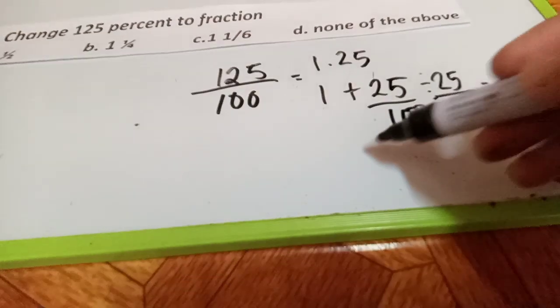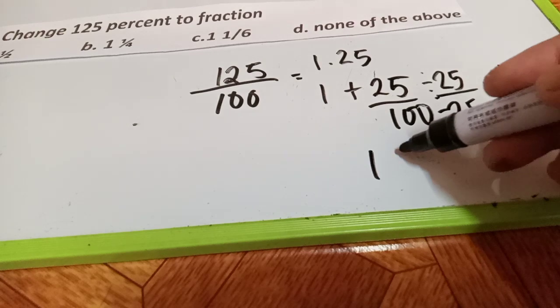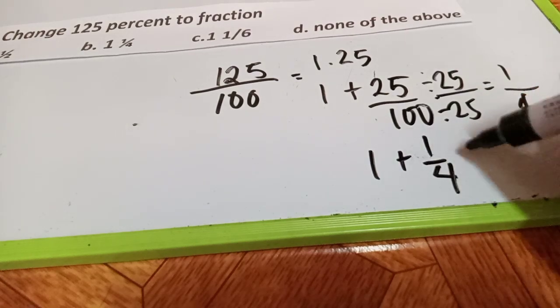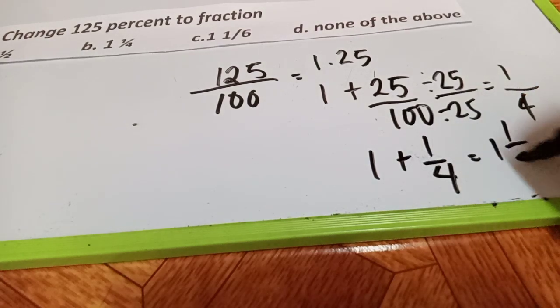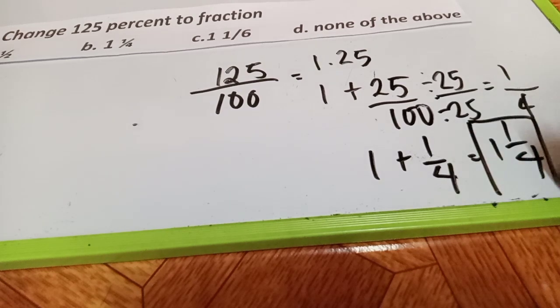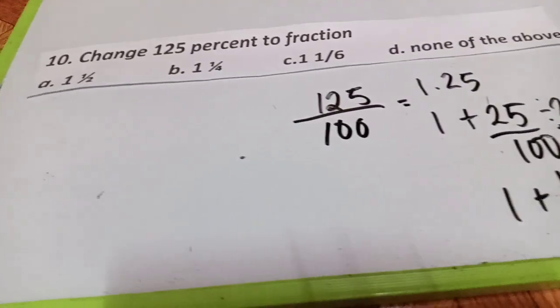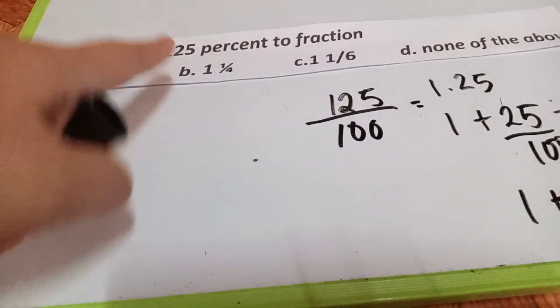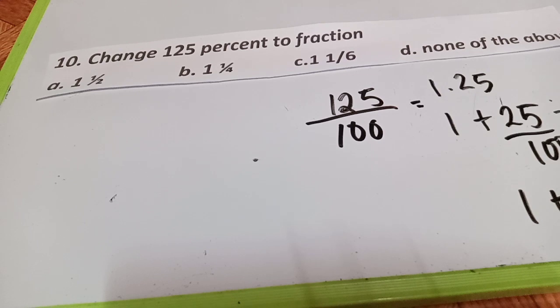So the answer is 1 plus 1 over 4, or 1 and 1/4. So the answer is letter B. Take note guys, that is just on how to solve a percent to fraction.